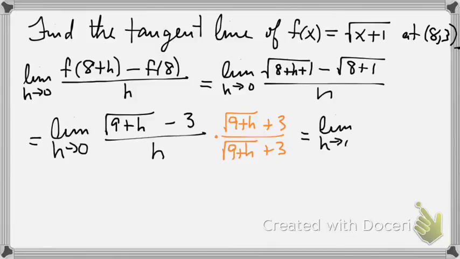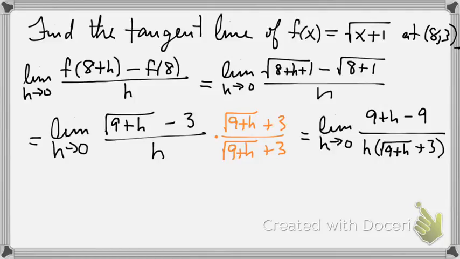So I have the limit as h approaches 0. And up top, that's going to be a difference of squares. So that's 9 plus h minus 9, right? On the bottom, we're just going to multiply it in and not through. Just put it there. H times square root of 9 plus h plus 3. Unsurprisingly, what happens? 9 minus 9 cancels out, so you're just left with an h, right?